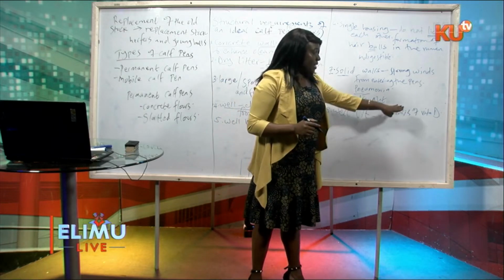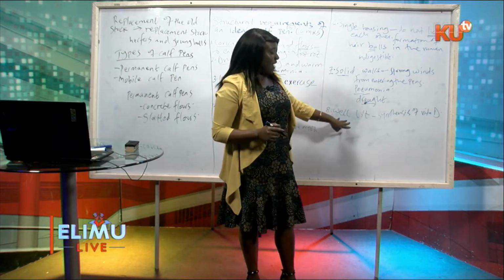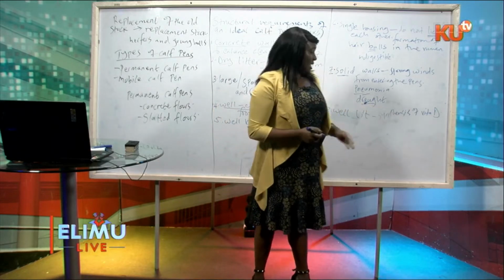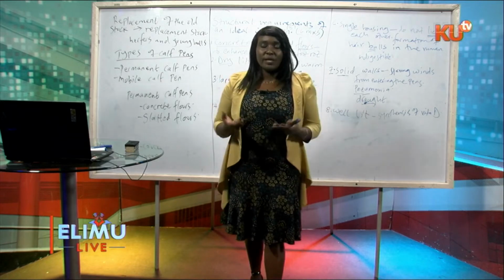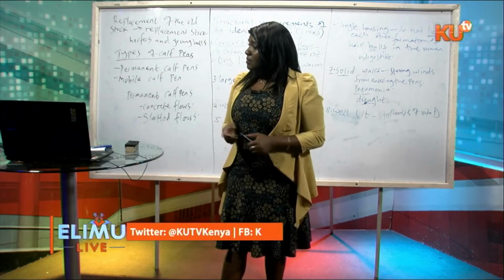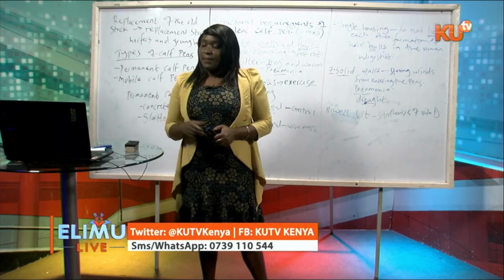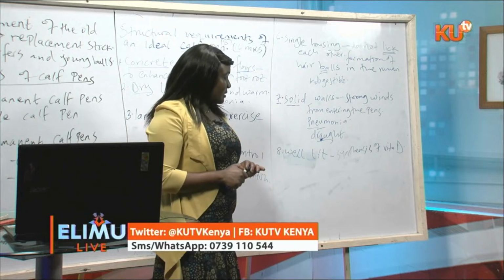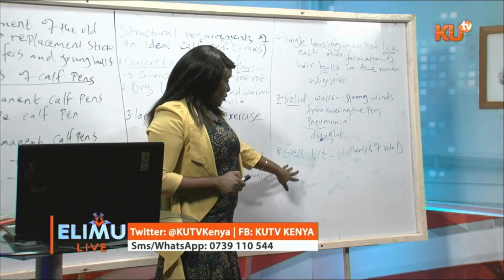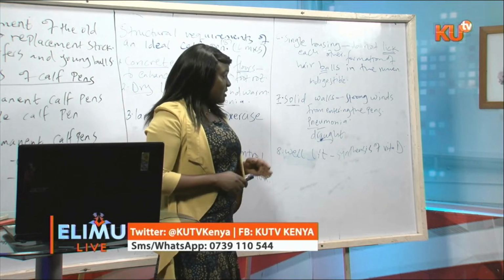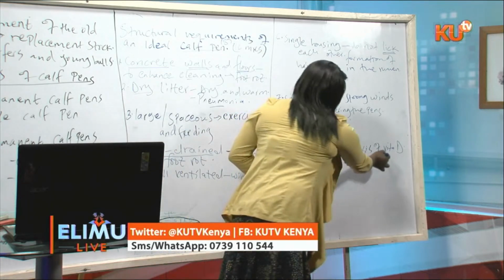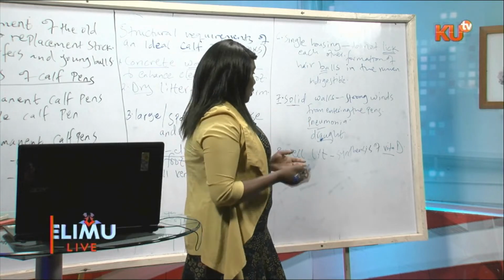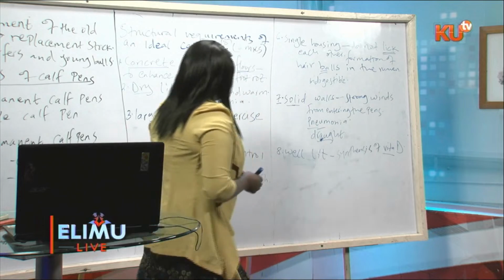So we need to know why we need to keep the calf pens lit for the purpose of synthesizing vitamin D. They require that synthesis. I'm looking forward to seeing the right one. The deficiency of vitamin D causes which particular condition in livestock animals?